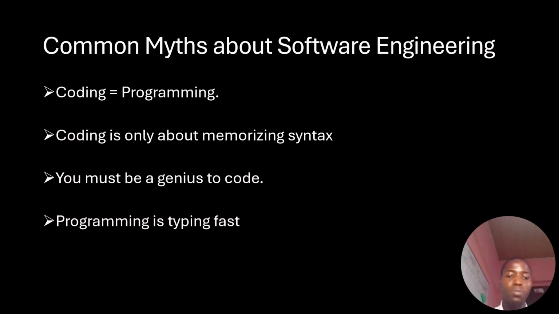And fourthly, programming is typing fast. We watch those movies where you see a hacker go into a system and start typing fast, and then quickly takes the drive off and runs away. That's the mindset a lot of people have about programming. It's not true. It's not about speed, it's about clarity, it's about accuracy, and it's about solving problems.